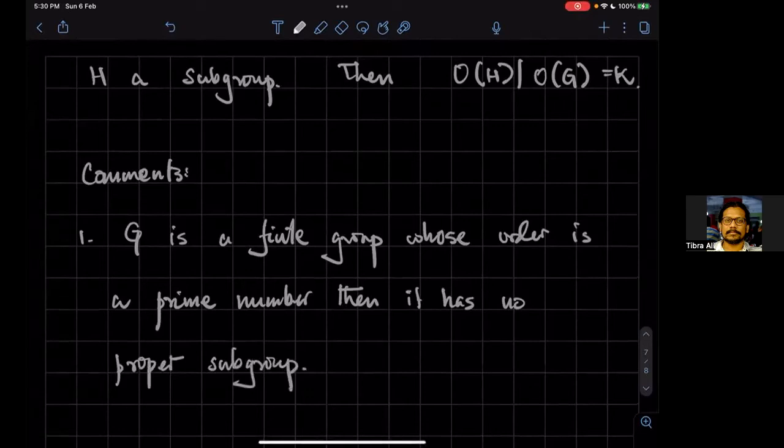Because otherwise, the order of the subgroup would divide it, there would exist a K.